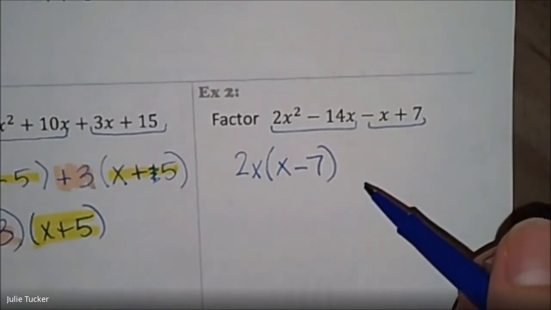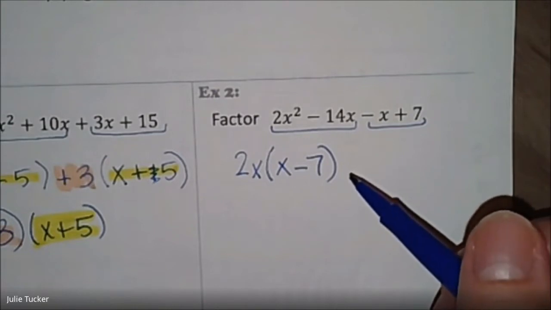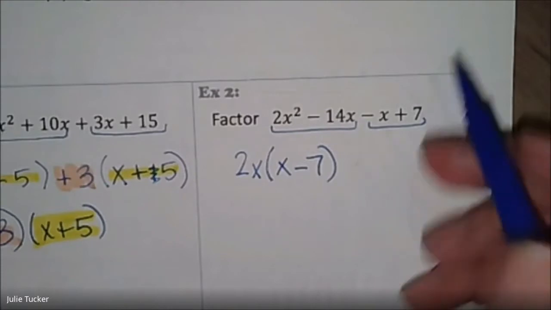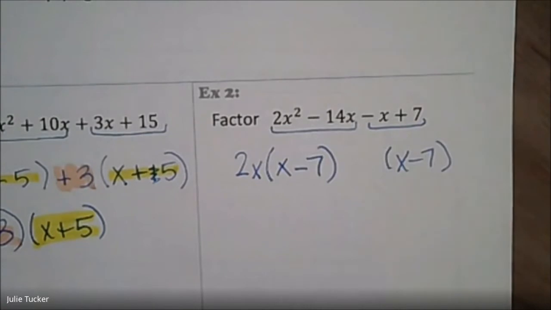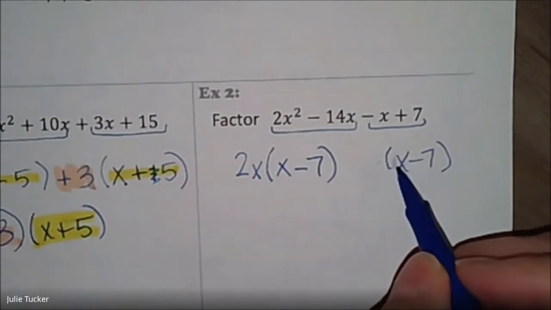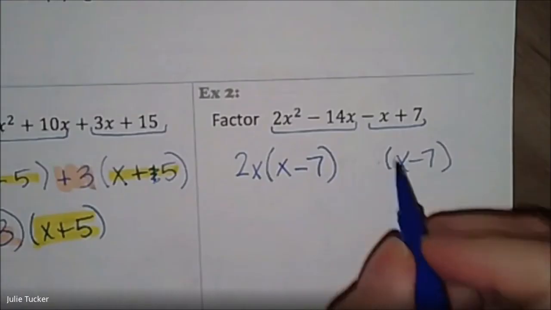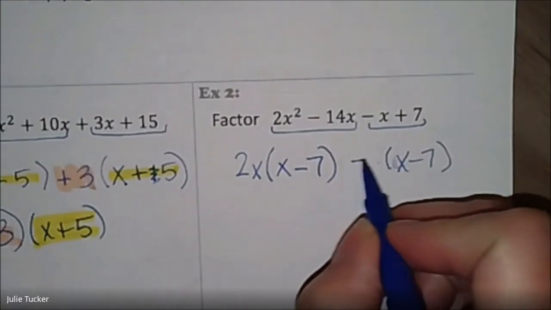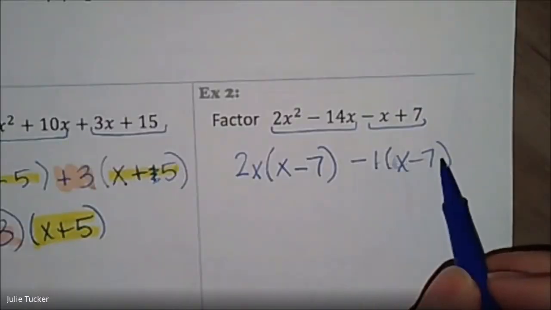Now, do you remember how I told you our secret weapon is that the parentheses are going to match? So I'm going to be sneaky now. I'm going to write the x minus 7 first. And I'm going to think to myself, what do I have to multiply x times to get negative x? 1. Well, close. Negative 1, right? And then I just have to double check, does this work out to the same as that?